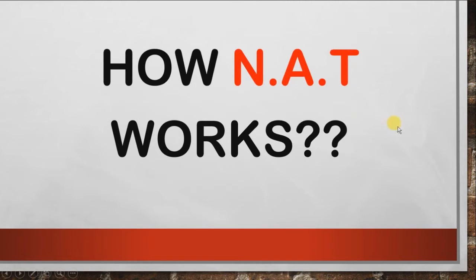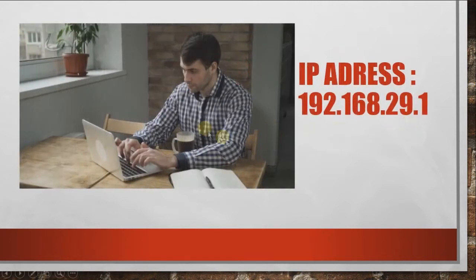How does NAT work? Let's say Sam is using his laptop and wants to ask for information, and his IP address for the laptop is 192.168.168.29.1, where .1 is the number of the port that has been used by Sam.